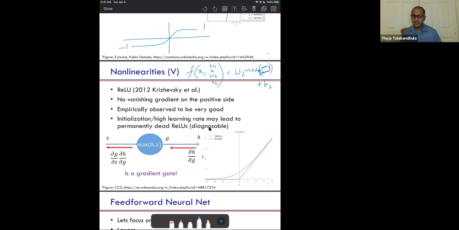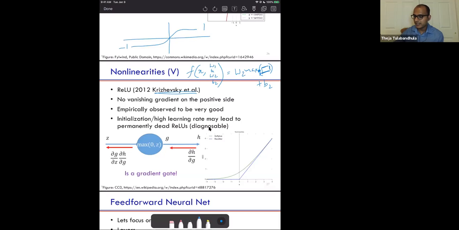That nonlinearity is called a rectified linear unit nonlinearity. That's what I think the original paper called it, though this nonlinearity has probably been around before as well. The name rectification comes, I guess, from electrical engineering.